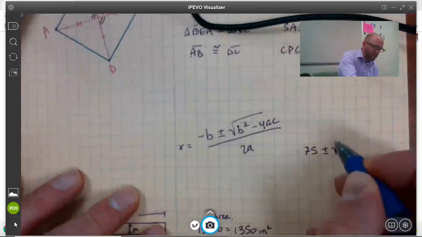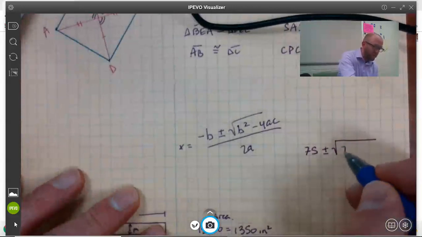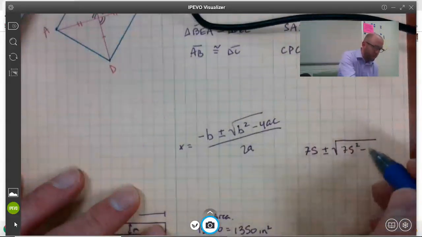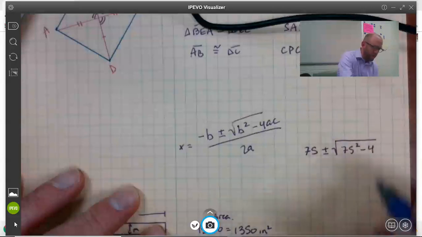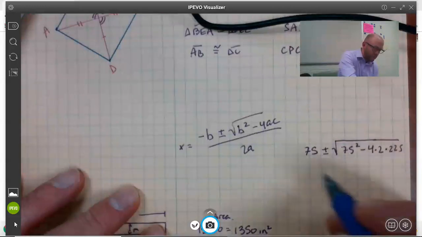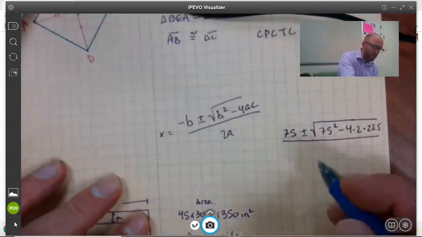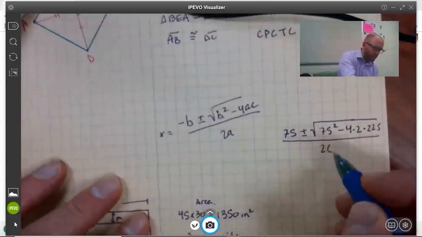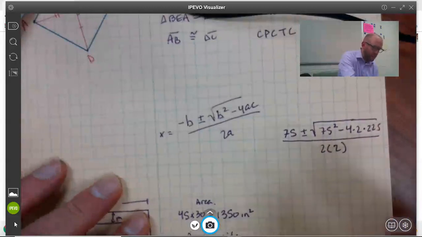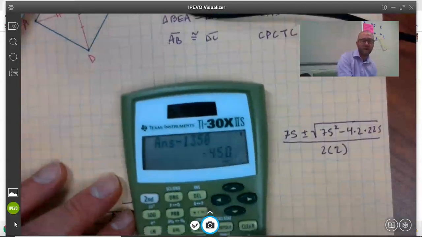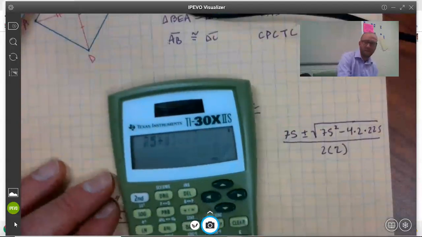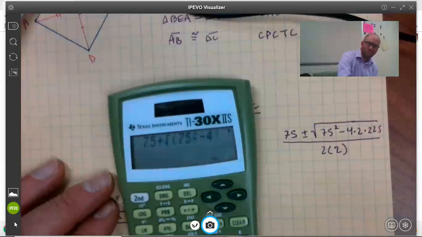So it's going to be 75 plus or minus the square root of 75 squared minus 4, and our a was 2, and our c is 225, and then over 2a, which is 2. Now let's plug everything into the calculator. So 75 plus the square root of 75 squared minus 4 times 2 times 225.